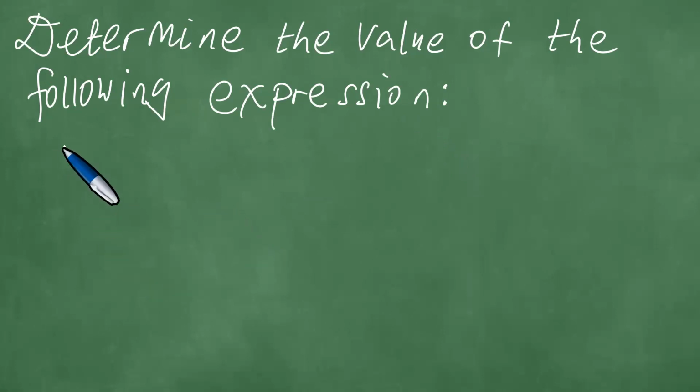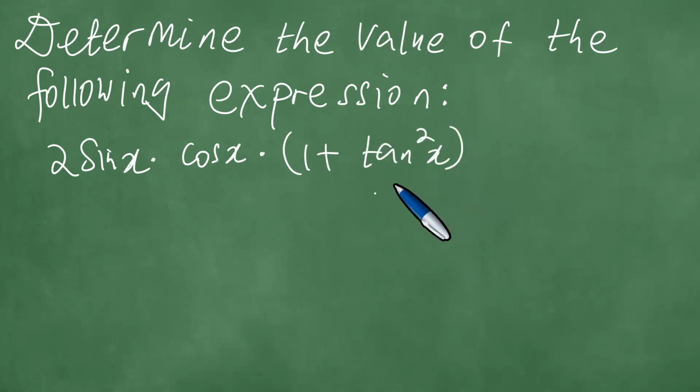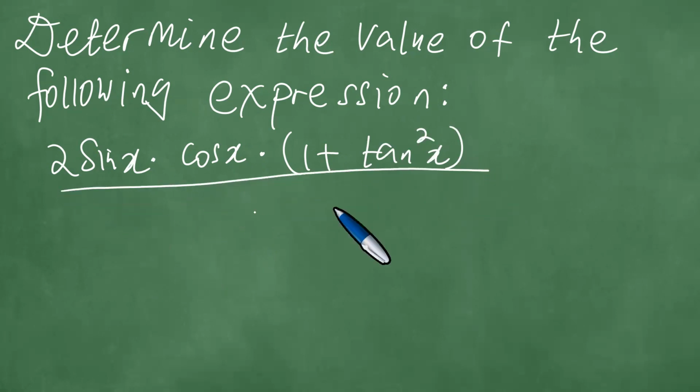You have two sine x cosine x times one plus tangent squared x divided by tan x.